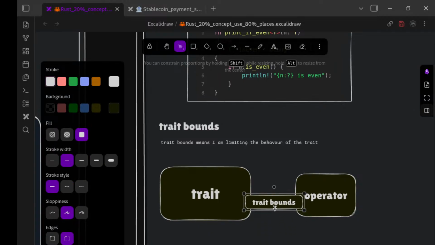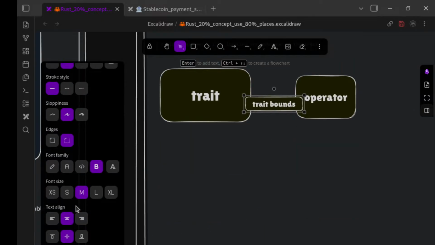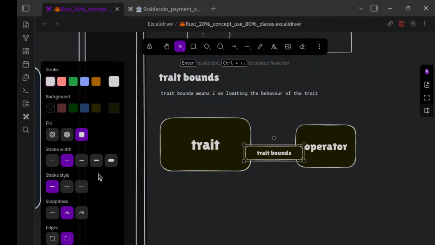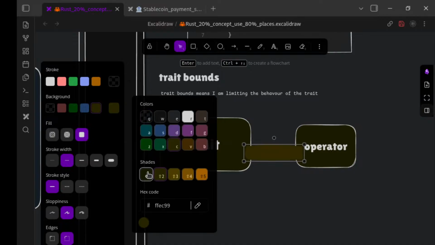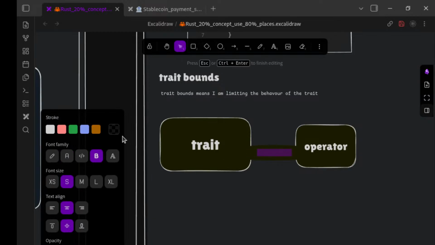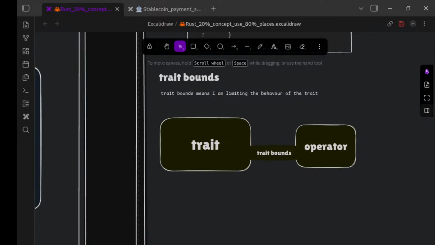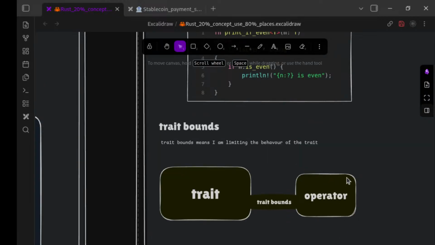Here you can see, the moral of the story is, if we want to use an operator, then we need a trait. That trait is we have to bound with the operator.